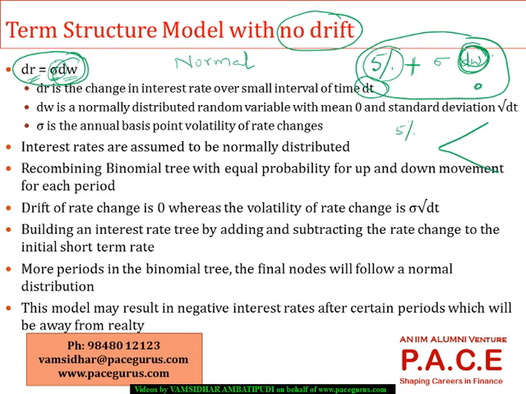The mean change in the interest rate comes out to 0, which means the interest rate will fluctuate around that 5% forever. There is no constant growth or constant fall in the interest rate at all. That is the reason we call it a no drift model.